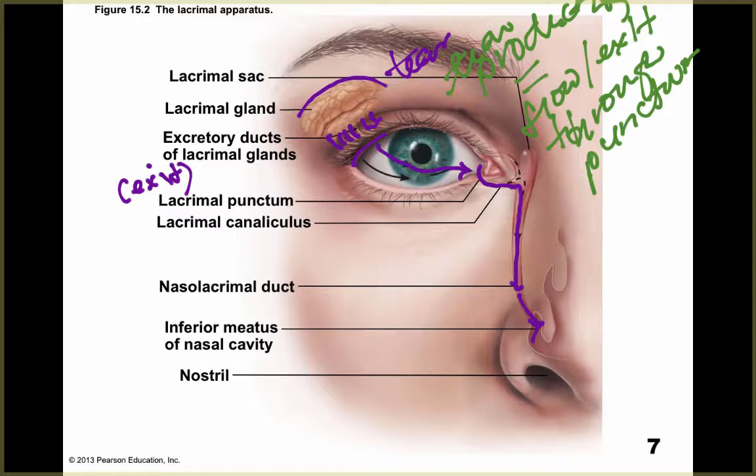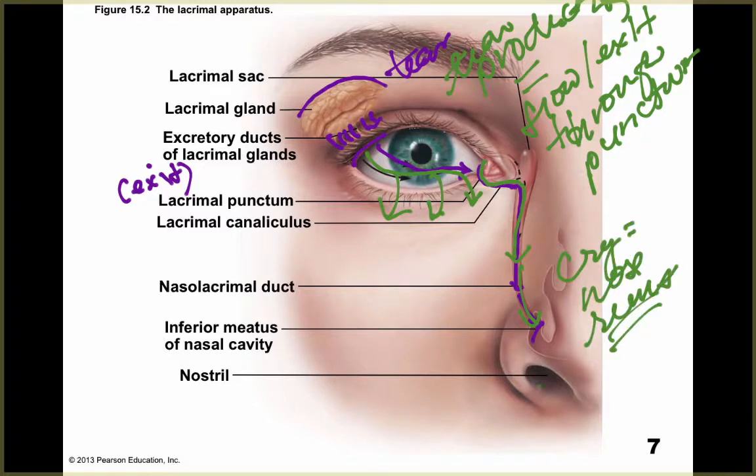Now what happens whenever we get emotional or whenever we have items that get stuck in our eye, we end up producing a lot of tears, so much so that it starts to run out of the eye. We still get some that go down through that area, which is the reason why whenever you cry, your nose runs.